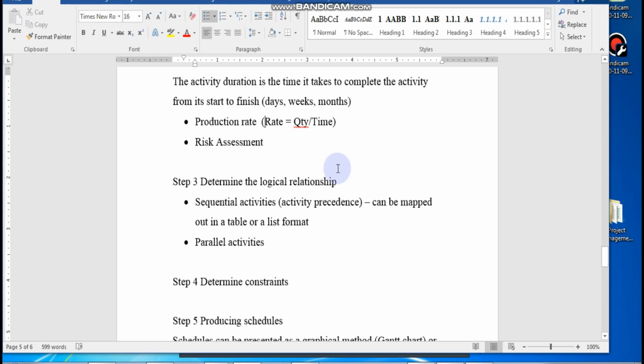You see, in step 1, we've already determined the logical relationship. Then after that, you determine the duration and the production rate and the risk assessments, and from there you will realize that some of this logical relationship may be adjusted by having parallel activities, by putting in more resources, by improving the production rate, and you may want to redetermine that logical relationship.